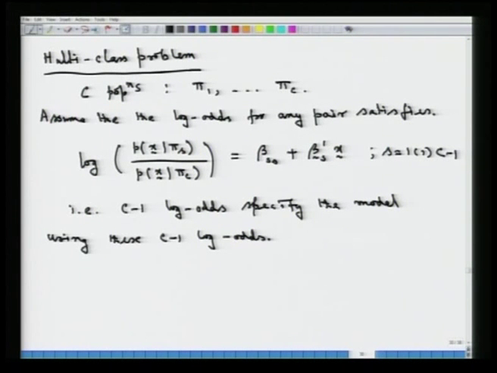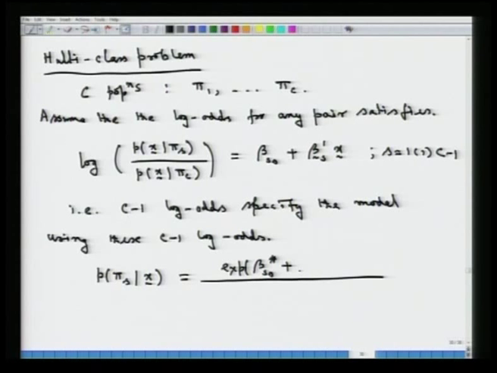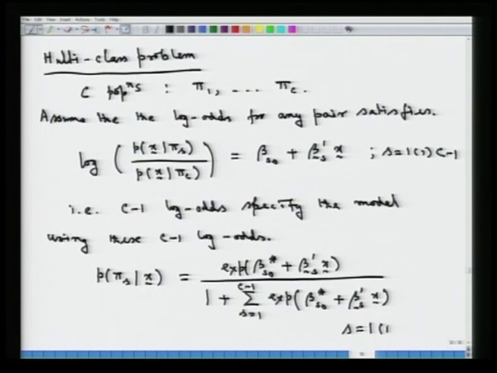What we can now see is the following: using these c minus 1 log odds, the posterior probabilities p of pi s given x are going to be given by e to the power beta s naught star plus beta s transpose x, almost the same as what we had for the 2 class problem, divided by 1 plus the summation over s equal to 1 up to c minus 1 of e to the power beta s naught star plus beta s prime x, for s equal to 1, 2 up to c minus 1.